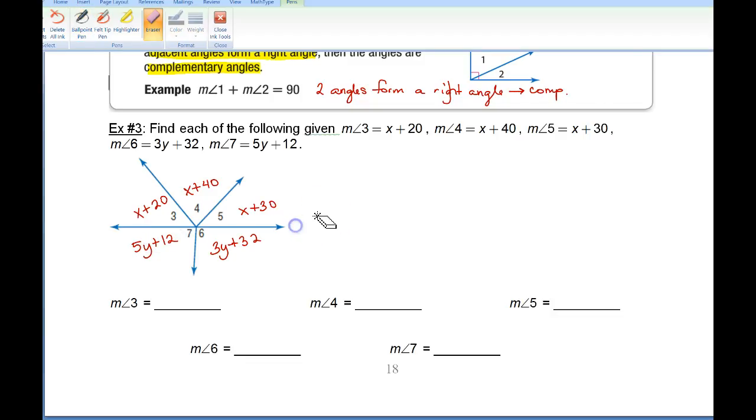So what can we see about all the angles involving x? They all form a linear pair, so they all add up to 180. How do you know it's a straight line? Again, we're going to assume in this case, unless it's otherwise noted, that if it looks like a straight line, it's a straight line. Unless they say for sure, or if it looks like it's a little bit off.